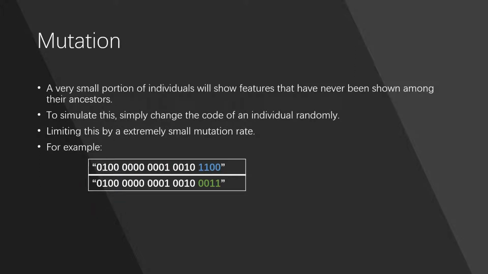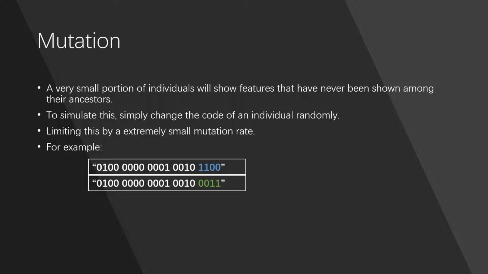Along the long trajectory of evolution, crossover of only existing genes is obviously not enough for animals to be what they are now. New genes have to be created. This is mutation. The individual with mutated genes will show features that have never been shown before.